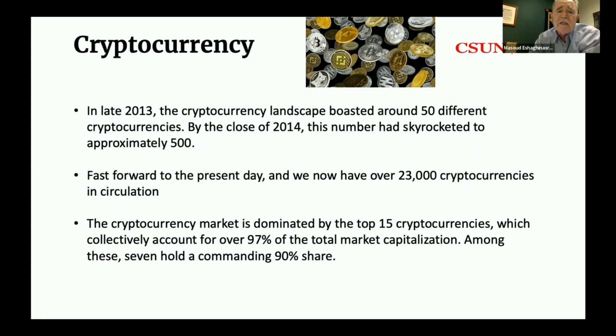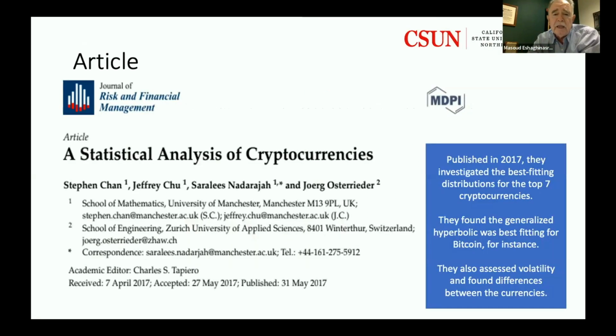So, this article was published in 2017 and finds the best fitting distribution for the top 7 cryptocurrencies. It was written at the University of Manchester and the School of Engineering at Zurich University by 4 professors.